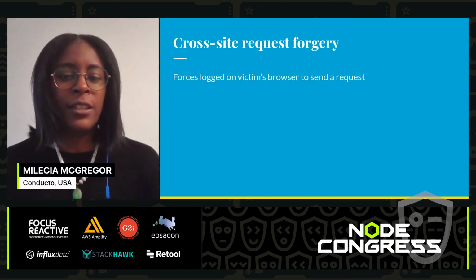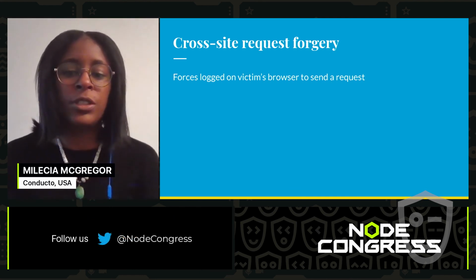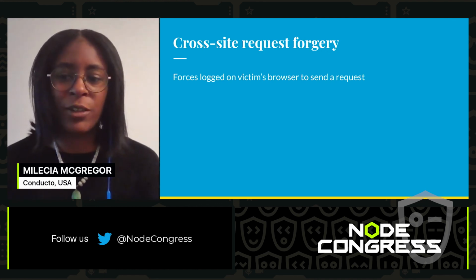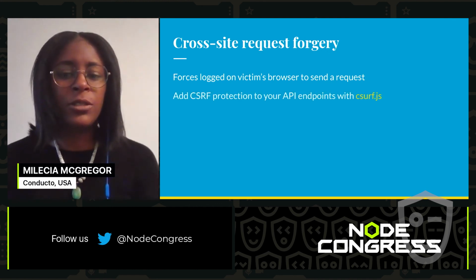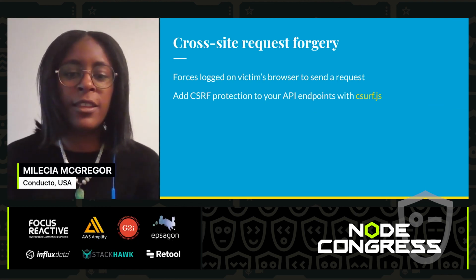And then to prevent cross-site request forgery, we don't want somebody using someone else's computer to send requests to our server. So to do that, you can just add csurf.js, and this protects your endpoints from this kind of attack.